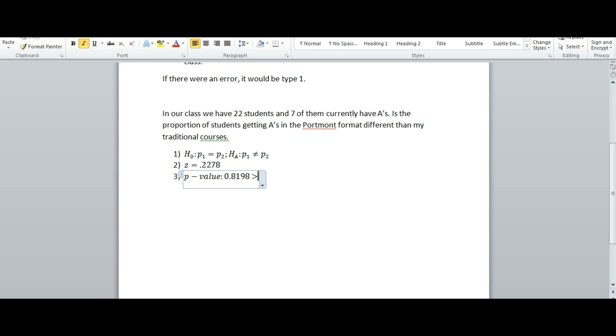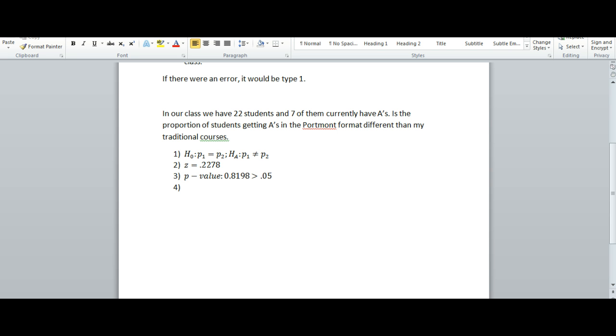Notice that is ridiculously higher than the 0.05 threshold. So that means that my null hypothesis, that the two types of students have the same approximate proportion of A's, is actually not ridiculous. This is reasonable. In fact, it's almost likely with this huge p-value. So that means I don't have enough evidence to say that this is not true.